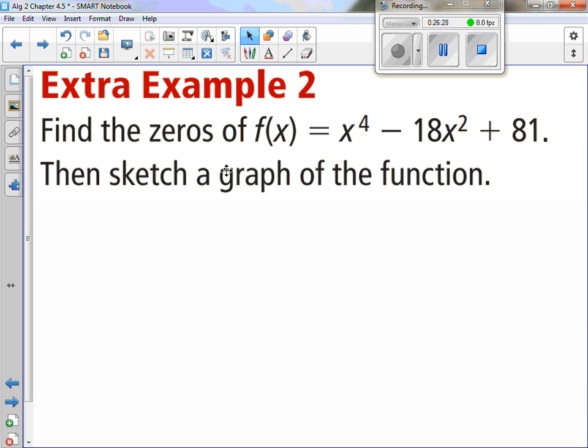Find the zeros for this one here and sketch the graph. So again, we're going to use the graphing calculator to graph this. So we'd hit y equals in the first spot. We'll do x to the fourth minus 18x squared plus 81.